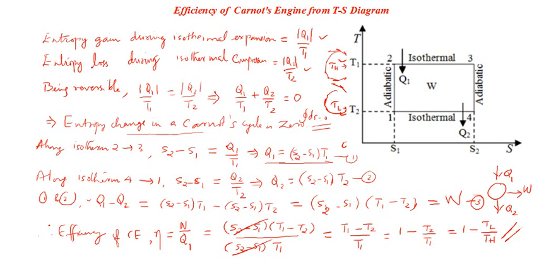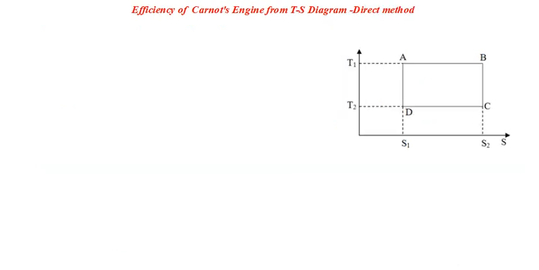But if you are running short of time, or in case you have to just use the TS diagram straightforwardly, you can use that also. So let us check how to do that. Once again, remember, it's the same derivation, but we are doing it a bit faster, using the concepts. Here you have once again the TS diagram. I have avoided all other labeling.